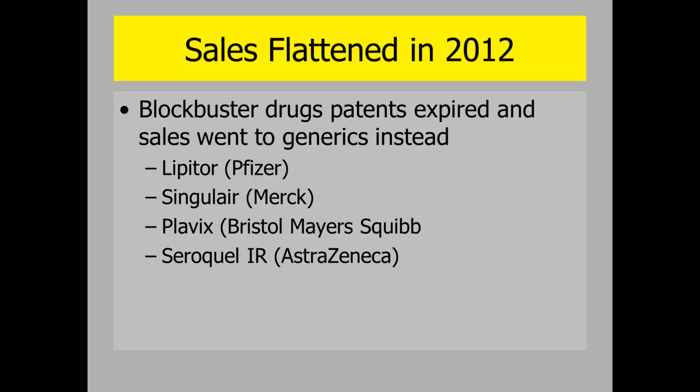So Lipitor, which for many years was the number one selling patented drug, brought out by Pfizer, has come off patent, and a lot of the sales went to generics instead. Singulair also came off patent. Plavix, which is a blood clotting drug, came off patent, and Seroquel IR also came off patent.